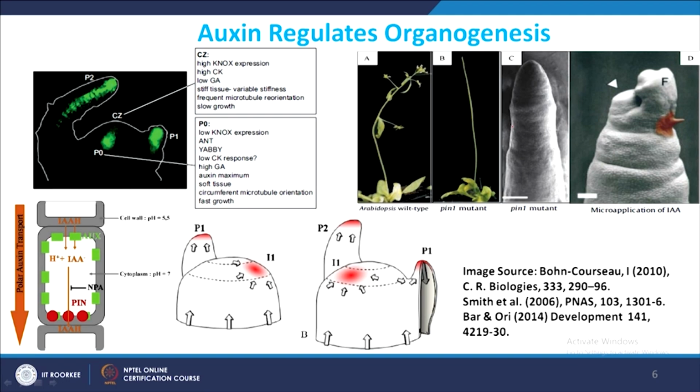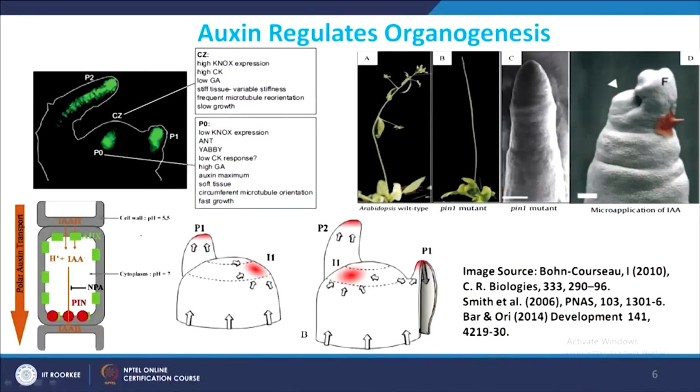Whereas, if you apply a little bit of auxin exogenously, a micro application of auxin, organogenesis can initiate. So, this suggests that auxin plays a very important role in organogenesis, or in primordia differentiation.